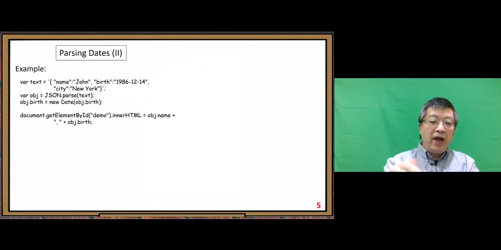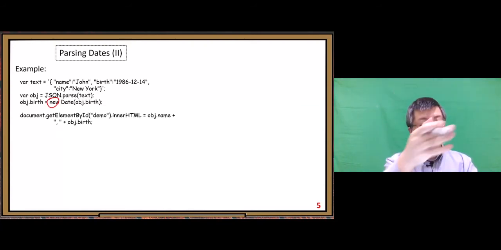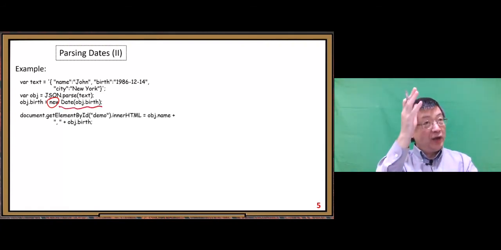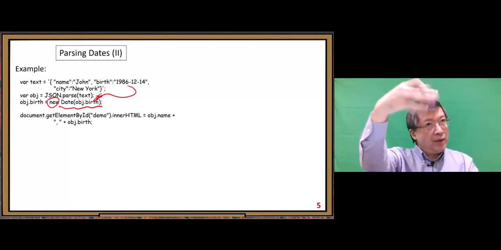Then after the parse, you still get a string, but before you use it, you need to use the new operator. That's the way you create a new object. The Date constructor is called, and the string is passed as a parameter.